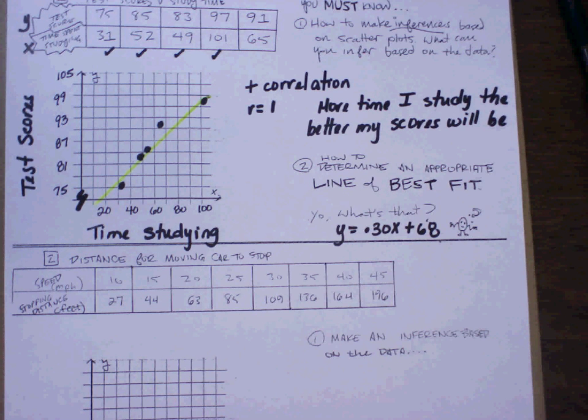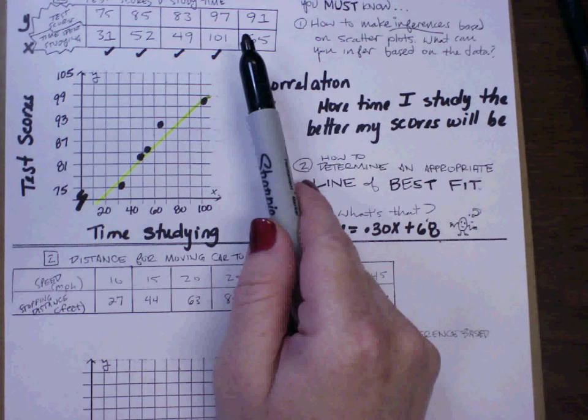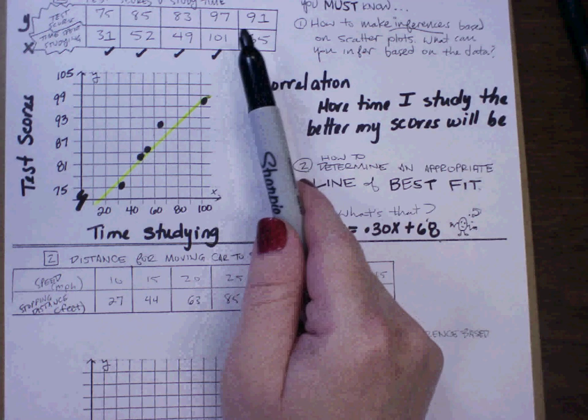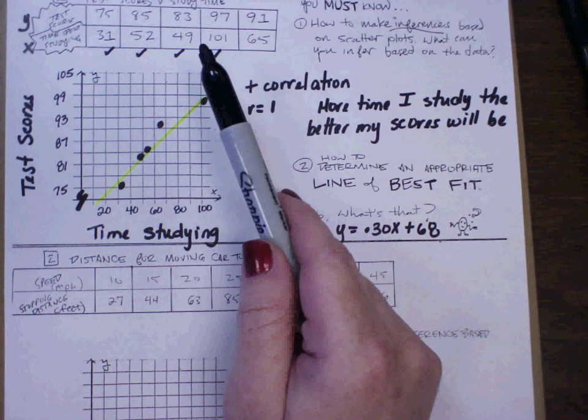For every what? How much does your grade go up? Per what? Per second? Well, it doesn't say what time. I'm assuming that these are minutes, right? I'm kind of assuming that these are minutes and not hours. Because that would be too much studying for one thing.